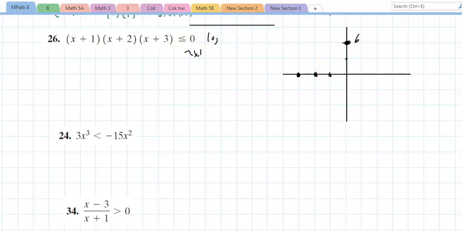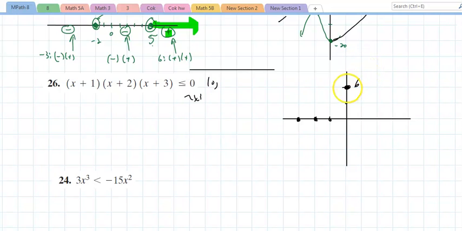Since the multiplicity is a 1 on each of those, you're going to make it like a straight line, and straight line. The last piece. Third time will be a charm, or is that the fourth time?